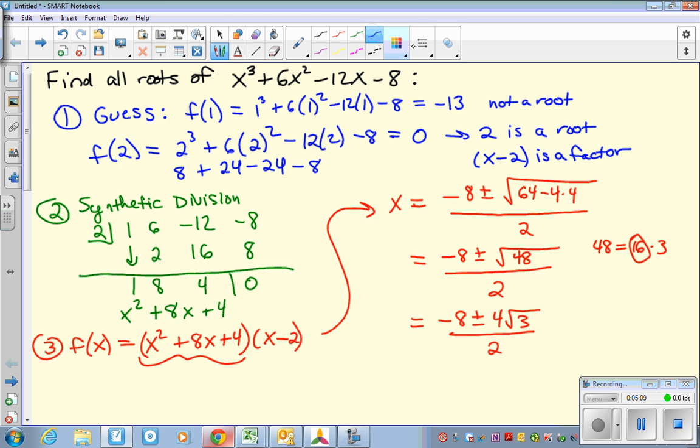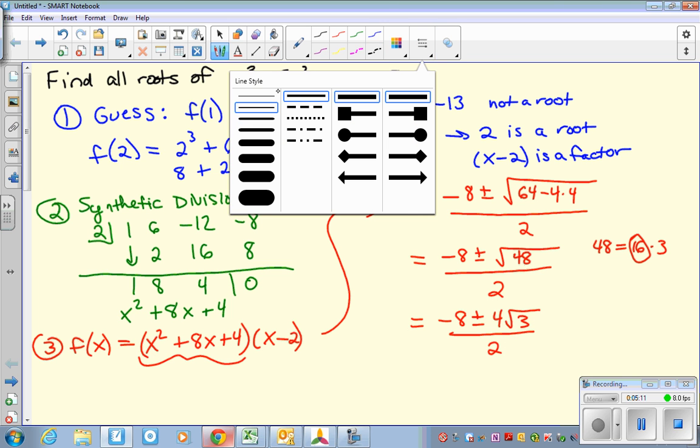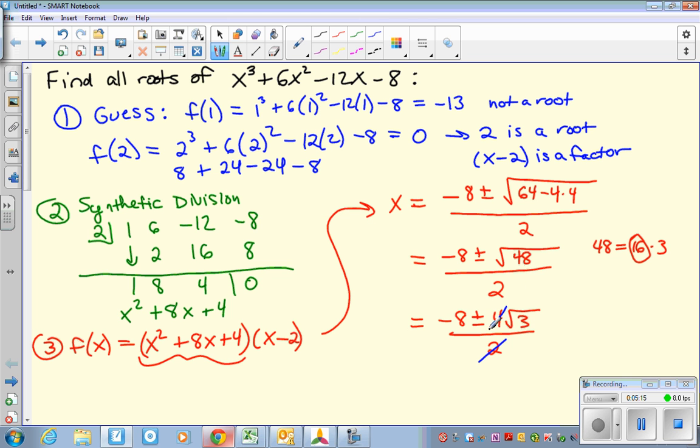Now hopefully at this point you recognize that some of the stuff cancels, and so we lose this. We're left with a 2, we're left with a 4, and so we get negative 4 plus or minus 2 root 3. So there are 2 of our roots, the other one is 2.